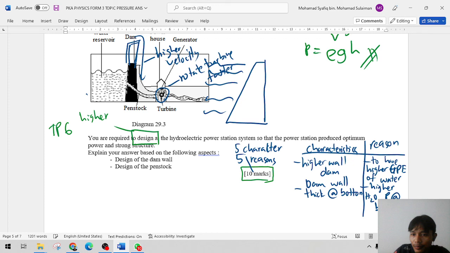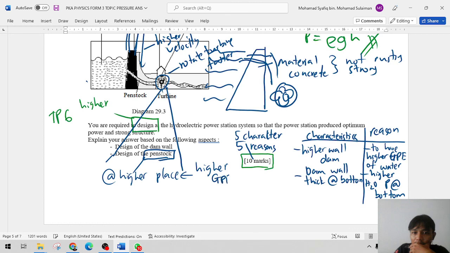So the penstock is at a higher place, so that higher gravitational potential energy will produce more electrical energy, because energy cannot be created, cannot be destroyed.